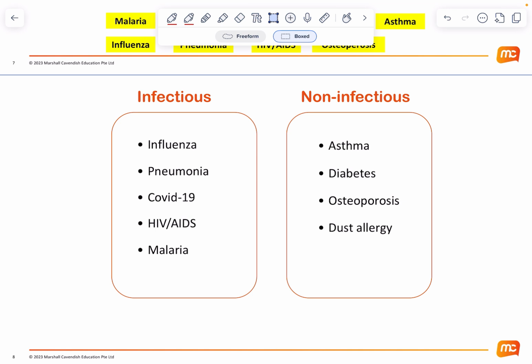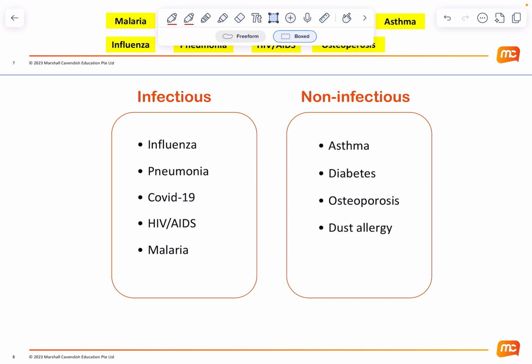And of course, dust allergy likewise. For infectious diseases, most of it is through influenza or things related to the common cold. COVID-19 is a very good example of infectious disease, where you can see that within a short period of time, the disease spread worldwide.